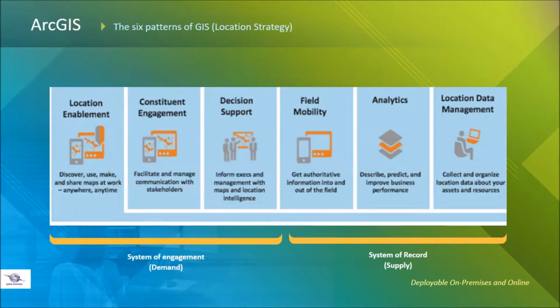This information obtained can describe, predict, and improve business performances. Accurate analytics are dependent on sound location data management practices. And lastly, you have location data management, which includes the collection, organization, and exchange of geographic data. And these last three form part of the system of record.